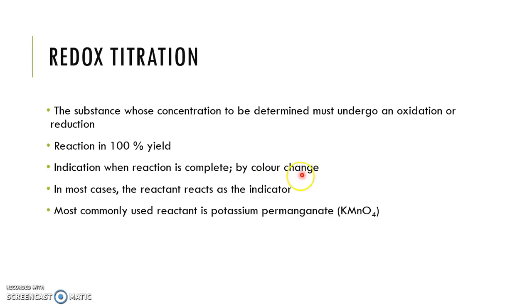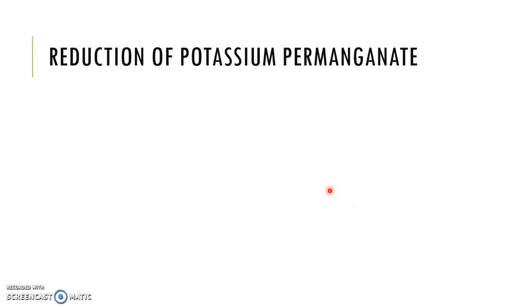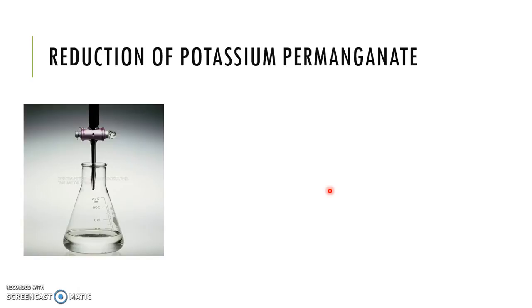In most cases, reactants usually act as indicators in this type of titration. For example, potassium permanganate acts as the titrant and as the indicator itself. The titration starts with potassium permanganate of known concentration added to a solution of unknown concentration.